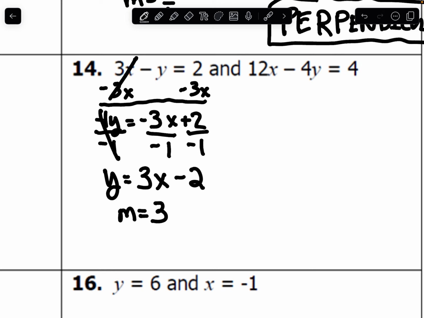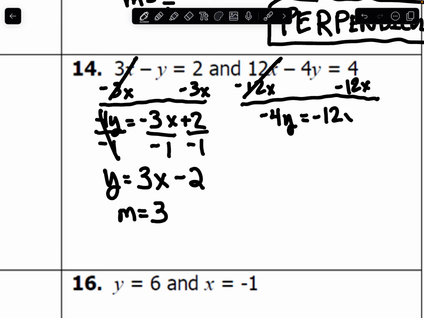Now I have 12x minus 4y equals 4. Again, I'm going to subtract 12x first. Subtract 12x. That cancels out because that becomes 0. We have negative 4y equals negative 12x plus 4. Divide by negative 4.